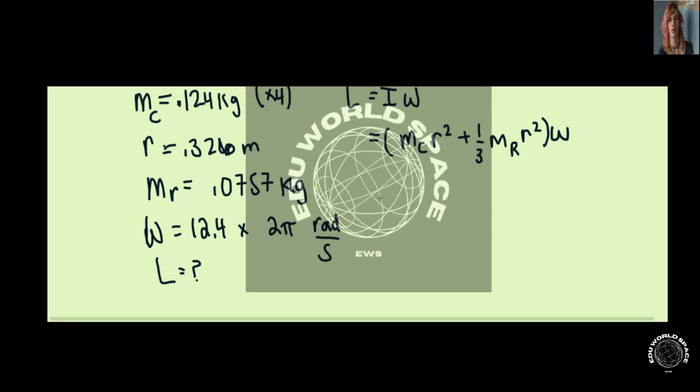And then, oh yeah, we need to multiply this whole thing by 4 because there are 4 of these cup-rod systems having angular momentum. Now I'm going to pull up a calculator and plug everything in.